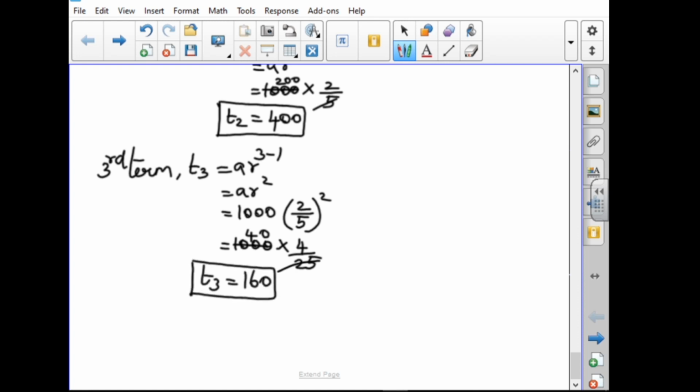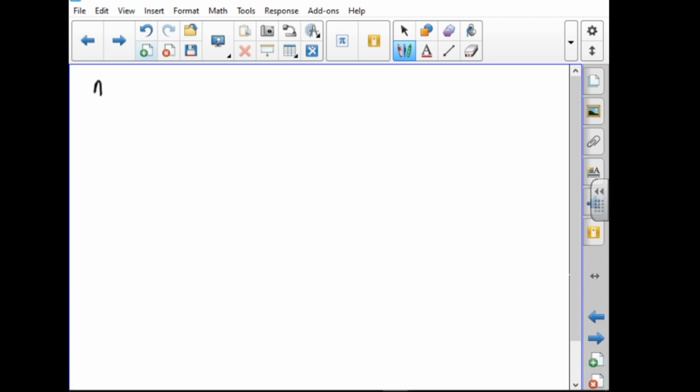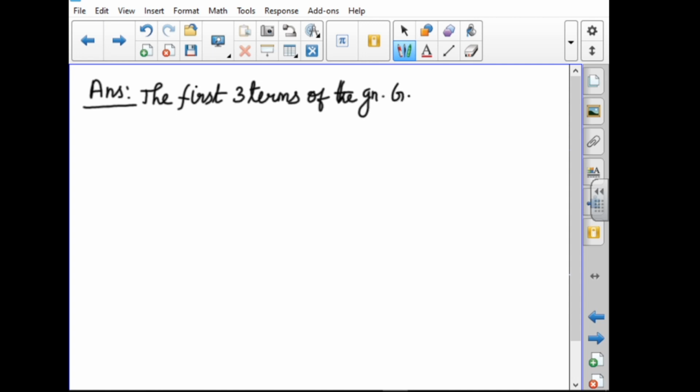So answer: the first 3 terms of the GP of the given GP.